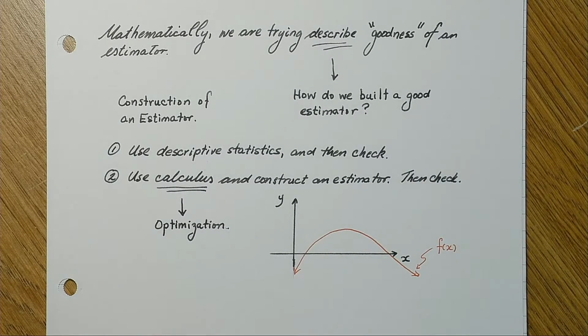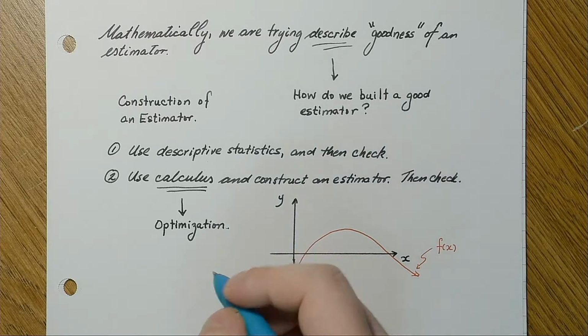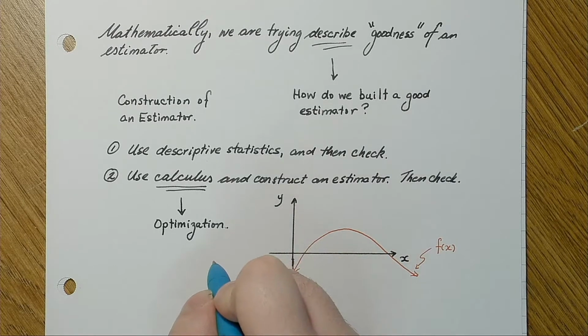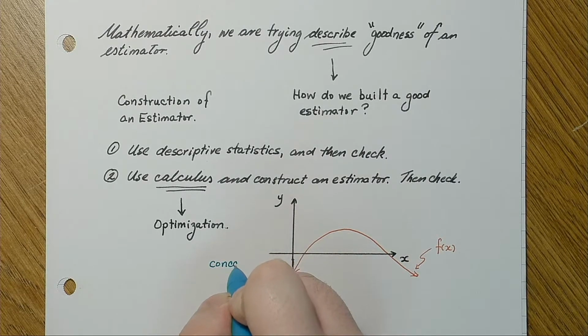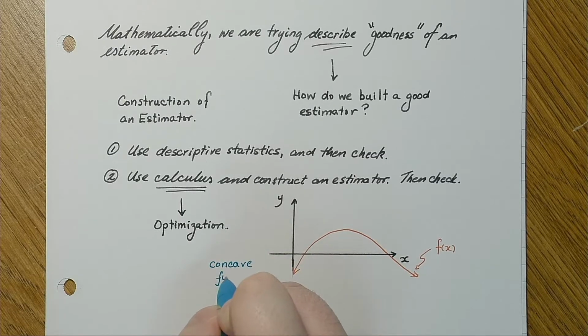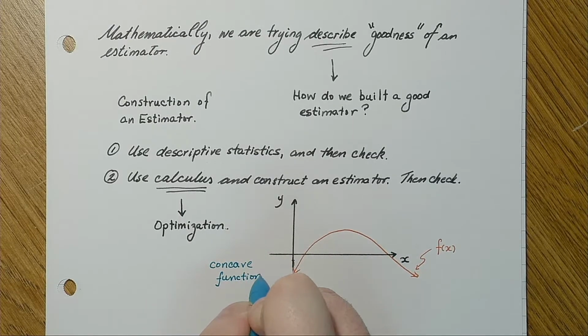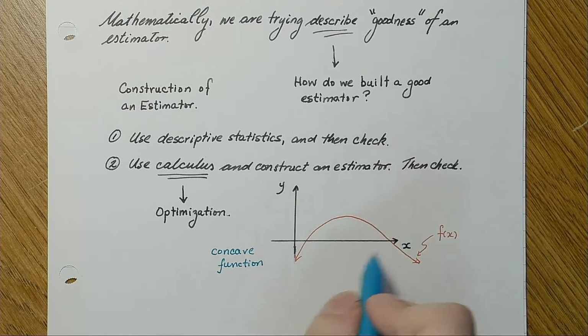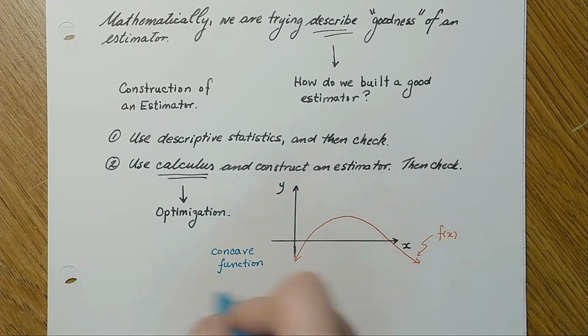I think everyone is starting to get the idea. Yes. So in this example here, this is a concave function. It's concave down for the entire domain that I drew it on.